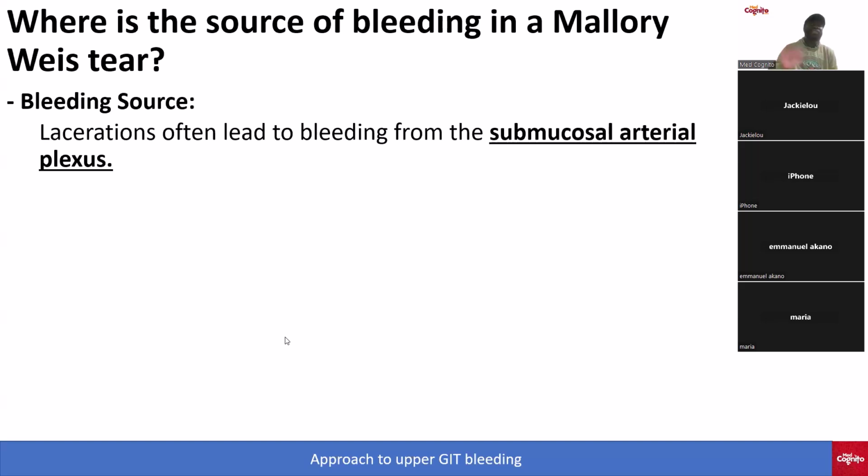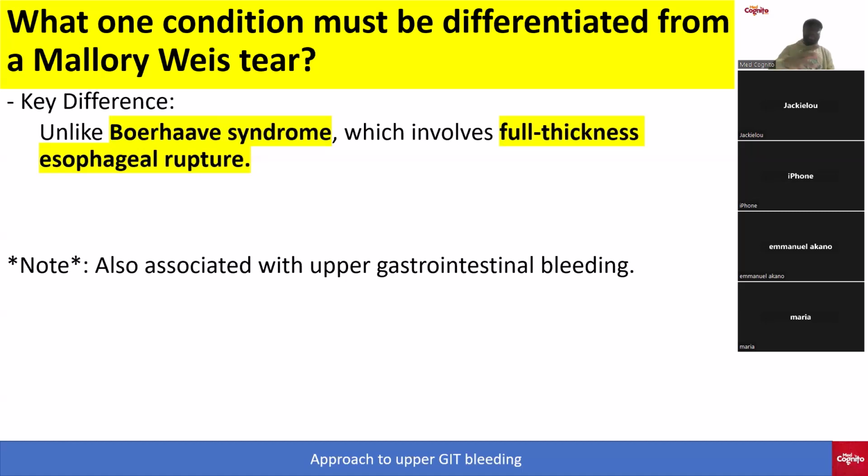Now, where is the source of bleeding in Mallory Weiss Tear? As I said, the difference between Mallory Weiss Tear and Boerhaave's is that Boerhaave's is transmural, goes from the mucosa to the outside. Mallory Weiss is only the submucosa. That is one thing you can use to differentiate between Boerhaave's and Mallory Weiss. What one condition must be differentiated from Mallory Weiss?